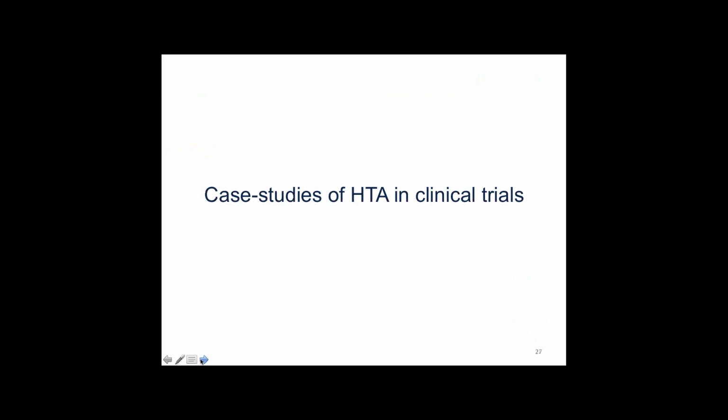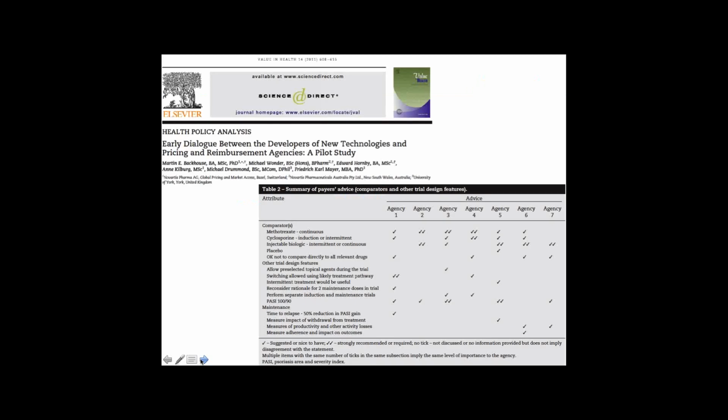I'm now going on to introduce a case study as an example of a phase 3 trial designed after consultation with 7 HTA agencies.